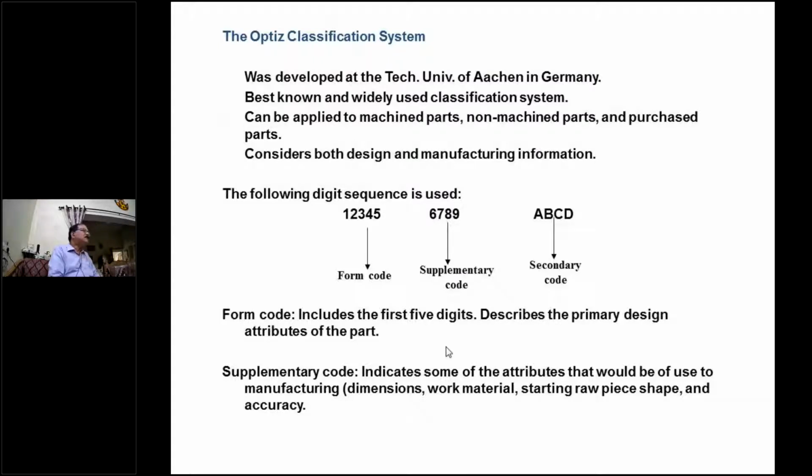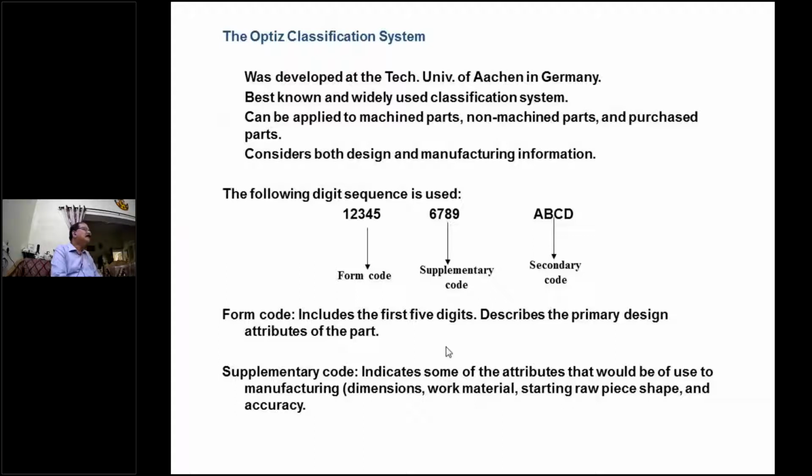In that case, we will have more variety of production, but less volume of production. In between these two lies a layout planning approach known as group technology or cellular manufacturing. In olden days it was called group technology.